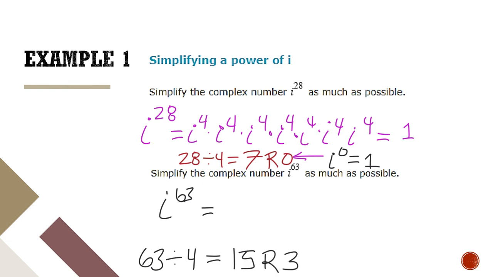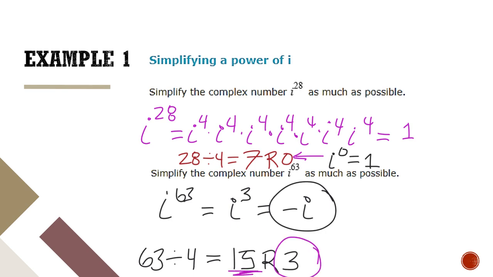It's because 15 times 4 is 60. 60 plus 3 is 63. So the idea is there's 3 left. So this is essentially equal to i to the 3rd, which we know is negative i. So whatever that remainder is what's important, because this part will be turning into 1. That is kind of a quick way of doing all of this.